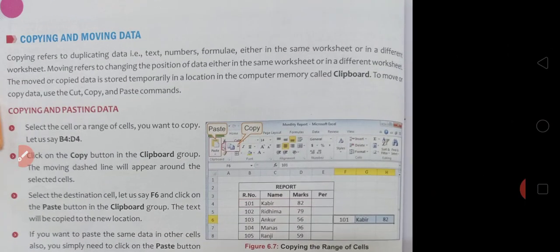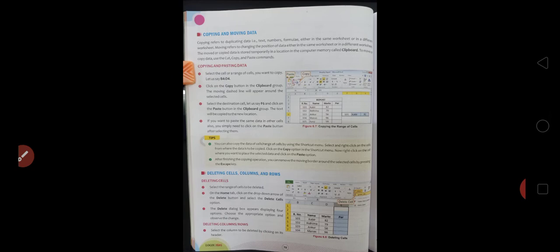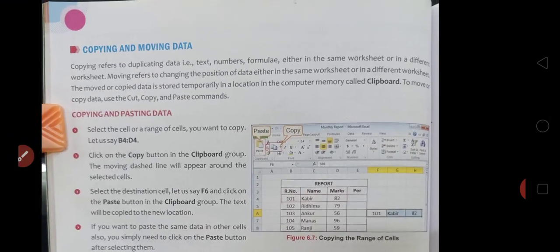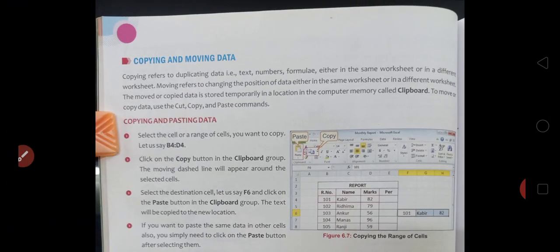Now children, we move on to the next very important feature, that is copying and moving data. This is very important, children, we all are doing it. We copy some contents from one place, then we paste it at another place.